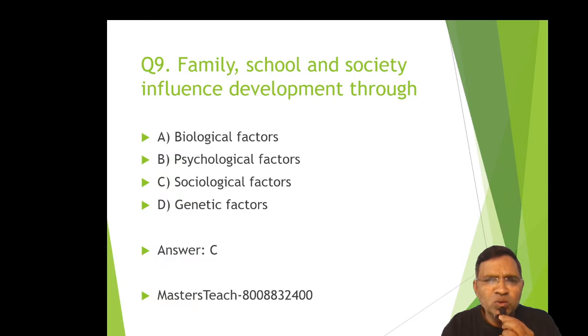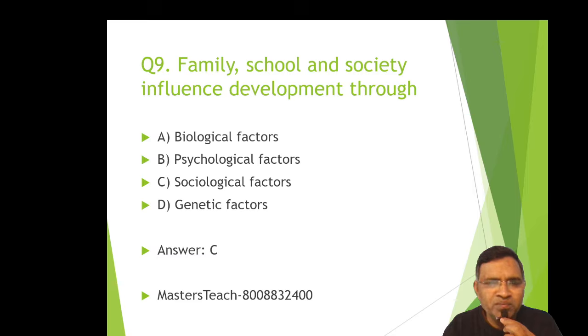Family, school, and society influence development through A, biological factor, B, psychological factor, C, sociological factor, D, genetic factor. So, family, school, and society.